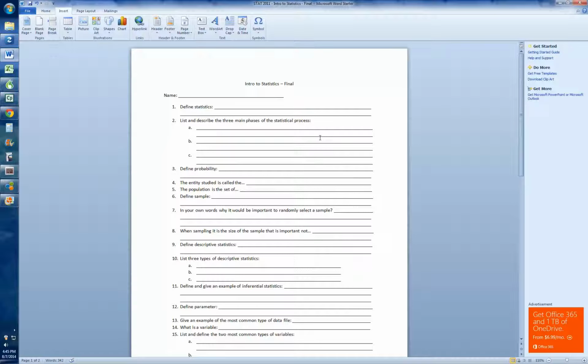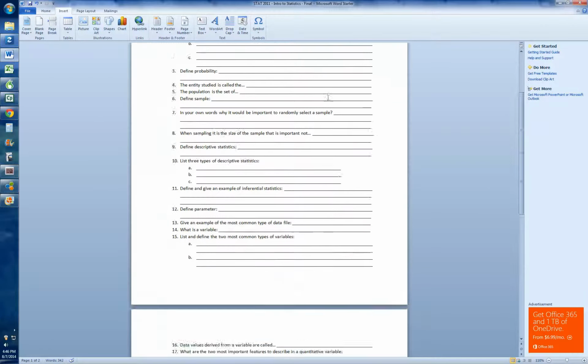So descriptive statistics just describe what you're looking at. Inferential statistics try and make a prediction or an assumption of something based on the data, right? So they're looking forward to a prediction, whereas descriptive statistics just tell you what's there. Inferential statistics try and infer something about the future by looking at the statistics. So come up with a good example for that.